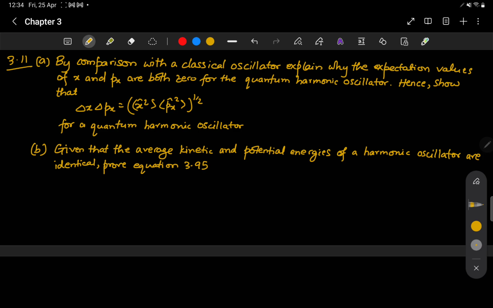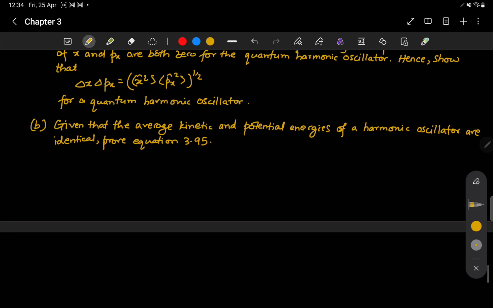Part B. Given that the average kinetic and potential energies of a harmonic oscillator are identical, prove equation 3.95. Now first let me write down this equation 3.95 before proceeding.